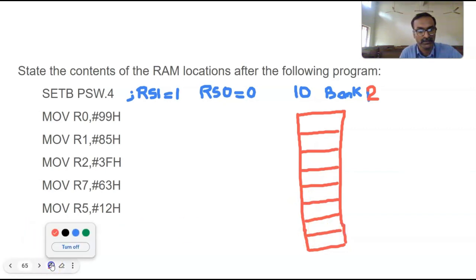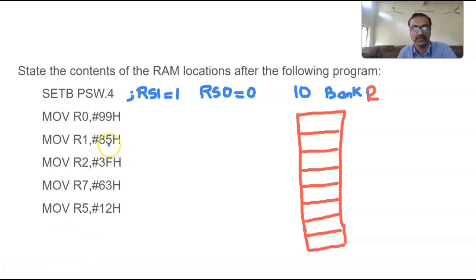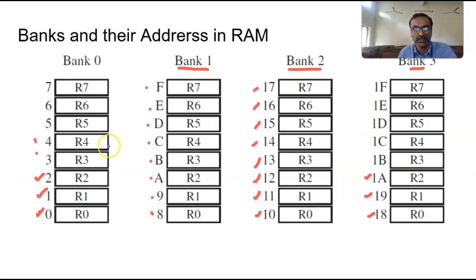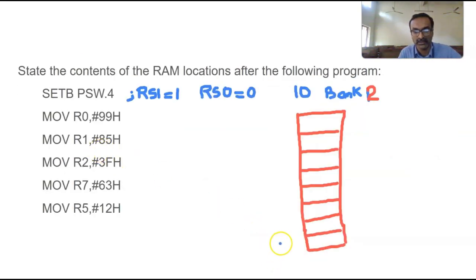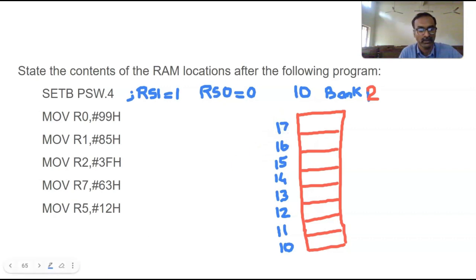So what are the values? Bank 2 values we have seen here. Bank 2 starts from 10. So the addresses are 10, 11, 12, 13, 14, 15, 16, 17. And what are the contents?